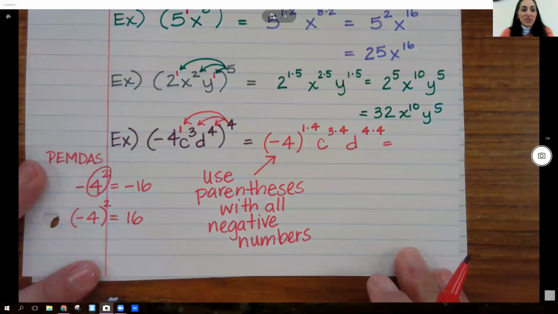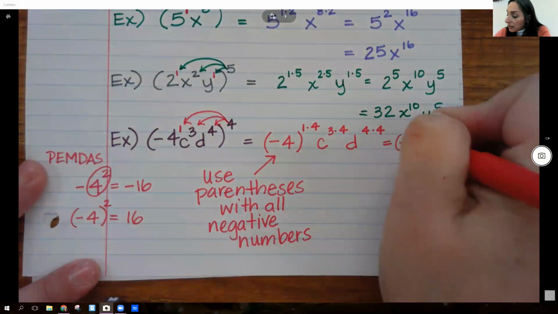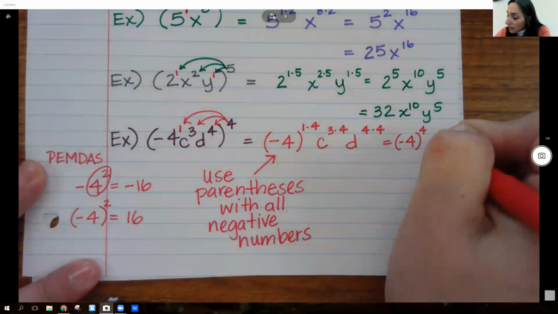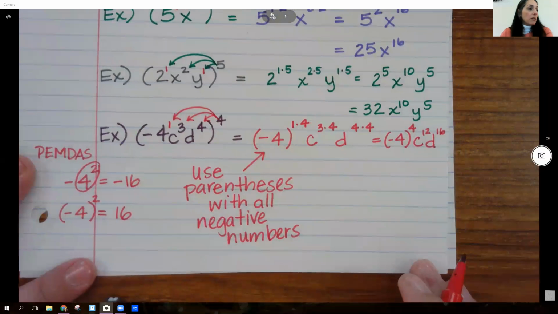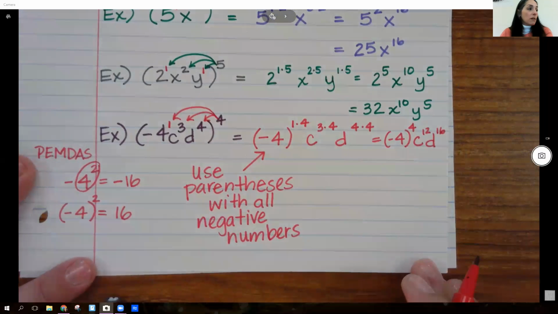I don't know what -4 to the 4th power is. Let's see. Do one of you guys have it? This is 6 and this one's 16. I got that much. So anybody have it? Does anybody type it in Desmos?